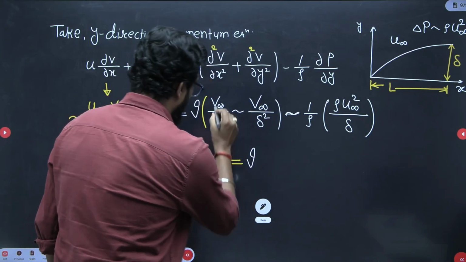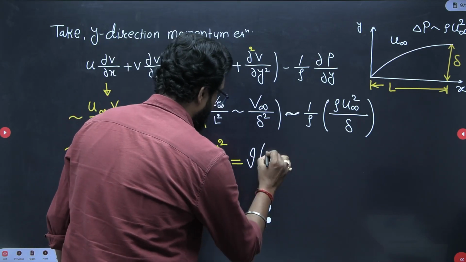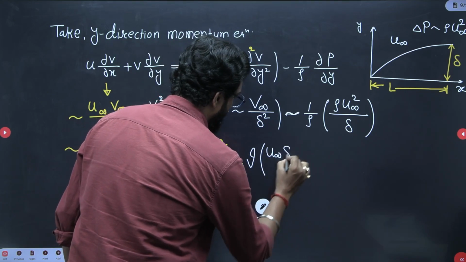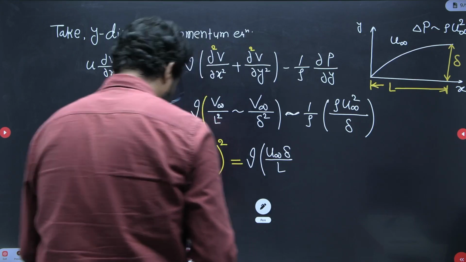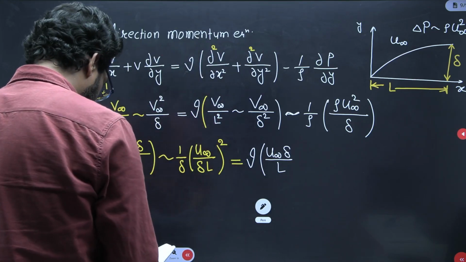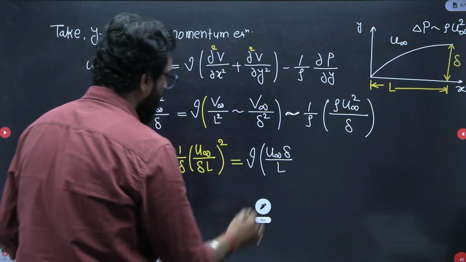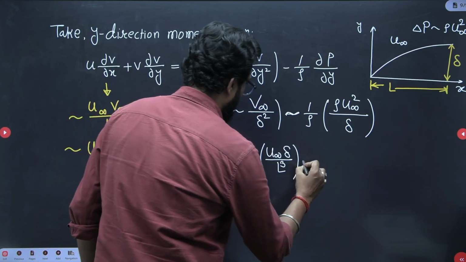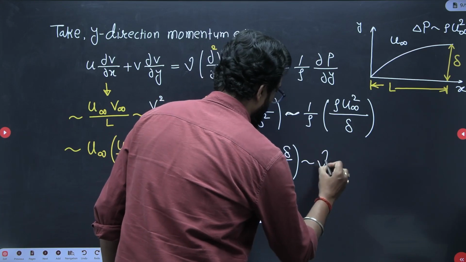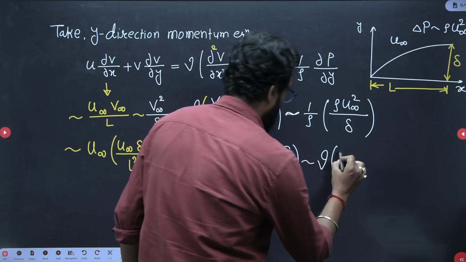Kinematic viscosity, what is V infinite? U infinite delta by L. So, there is an L square. U infinite L square, okay, no problem. So, L cube put here, no problem. Order of magnitude, what is this V?